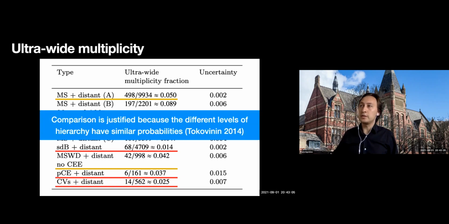So this comparison is justified because at the different levels of hierarchy, we have a similar probability. It means if we have what we believe is a single star, it has the same probability to have an ultra-wide companion as what we believe is a binary star to have a third companion. So that's why we can compare, in principle, main sequence plus distant companion with subdwarf binary with a distant companion.